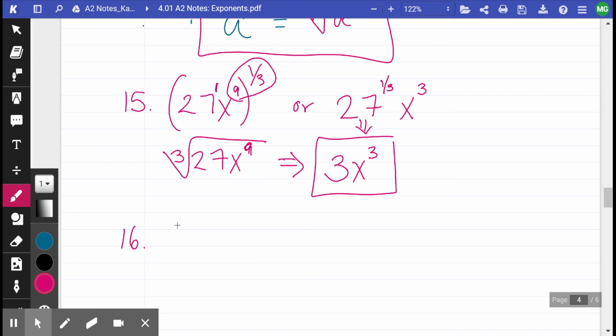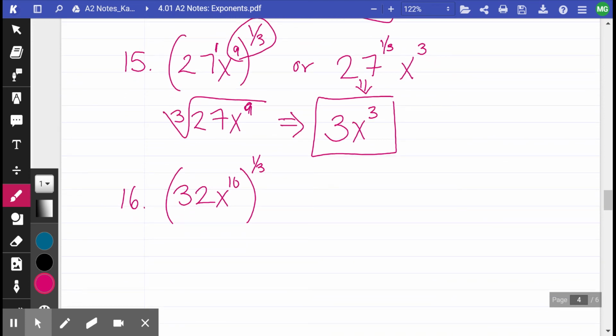Let's do 32x to the 10th raised to the 1/5. So now we're doing the 5th power. And when you write that, make sure it's inside the hook so it doesn't look like you're doing 5 times the square root.